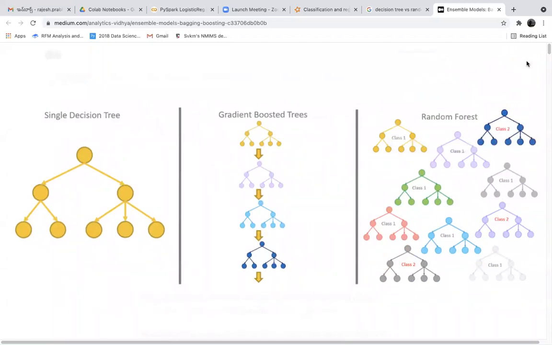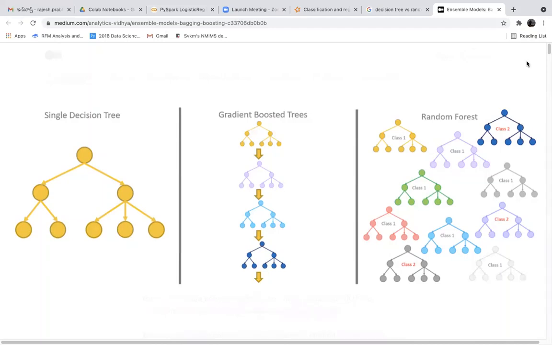Random forest is parallel building of trees. The sampling process is first completed, and once it is completed, for each sample one decision tree is built. Since each sample is independent, you can build parallel trees. Whereas in gradient boosting, trees are built sequentially, each dependent on previous trees for the sample.